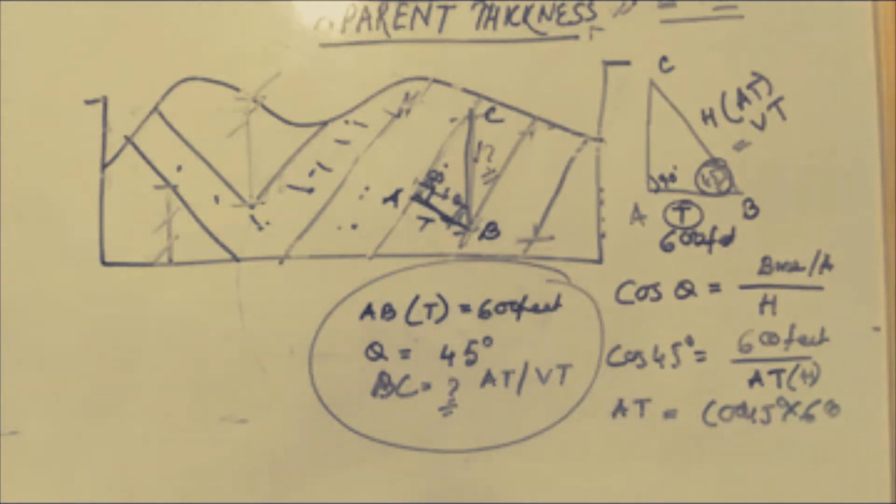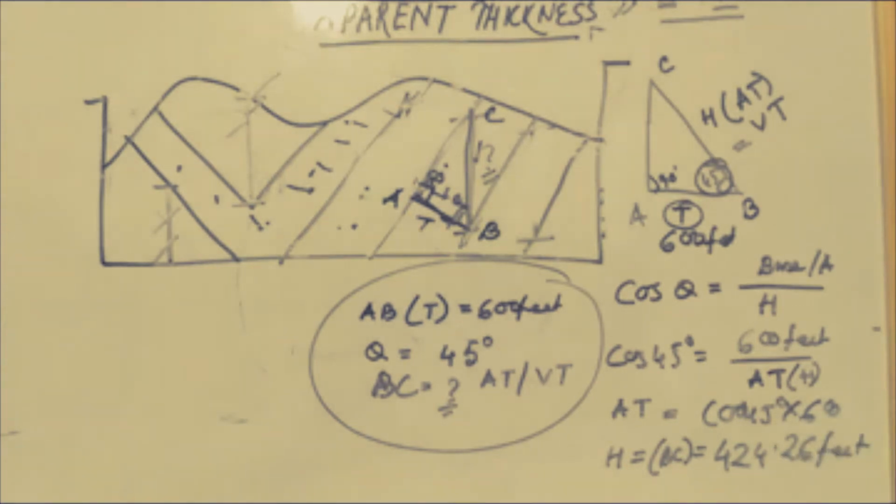So with the help of the value of cos 45 degrees and 600, suppose it is the hypotenuse value, rather the BC value, it is 424.26 feet.